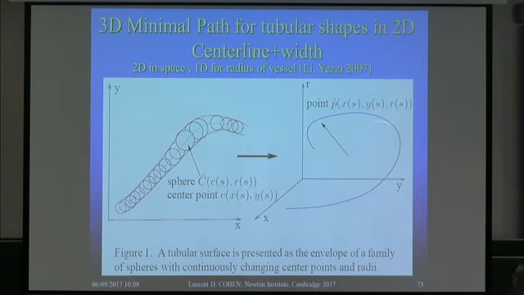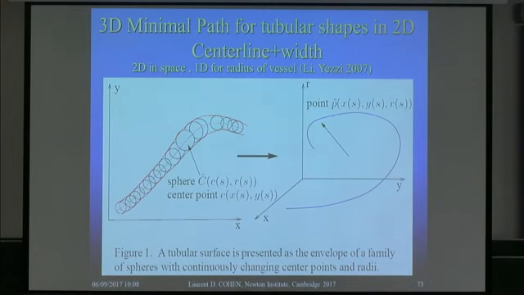Then a curve drawn in this 3D space corresponds to a collection of disks in the 2D space, where the projection of the 3D curve to the 2D domain corresponds to the center line, and the envelope of all these disks corresponds to the two red lines here, the boundary of a tubular structure. So a curve in this 2D plus radius space corresponds to a center line plus boundary description.